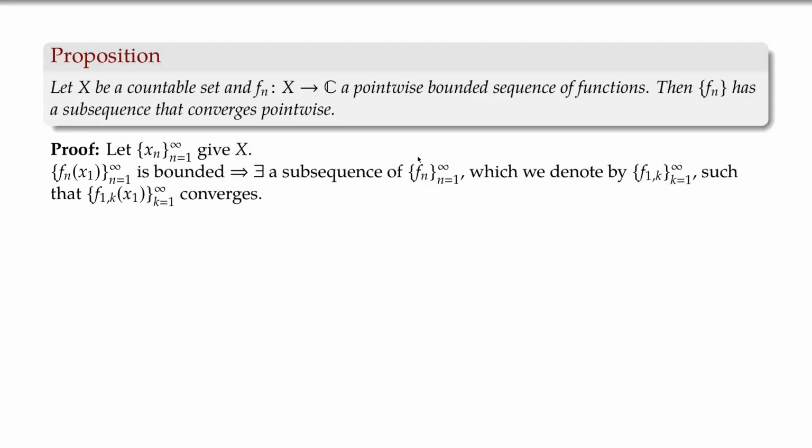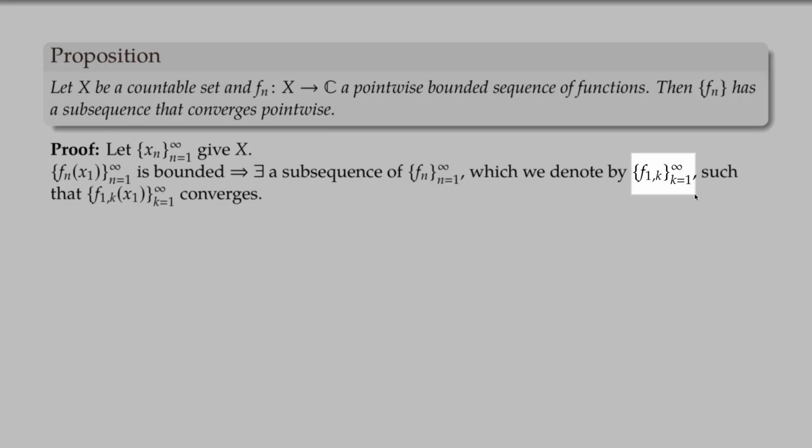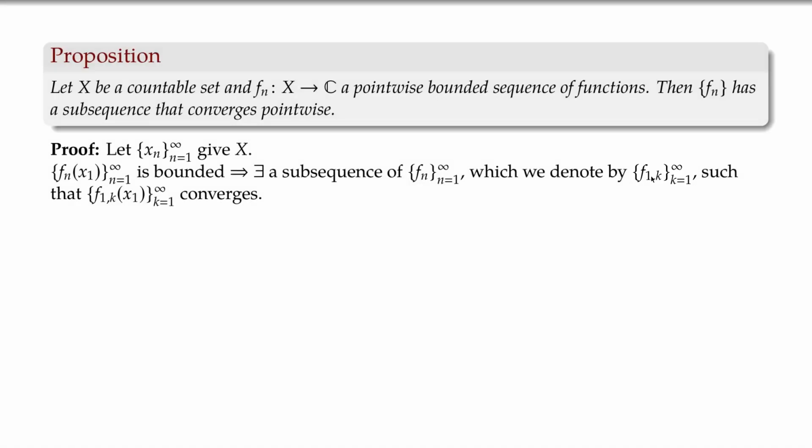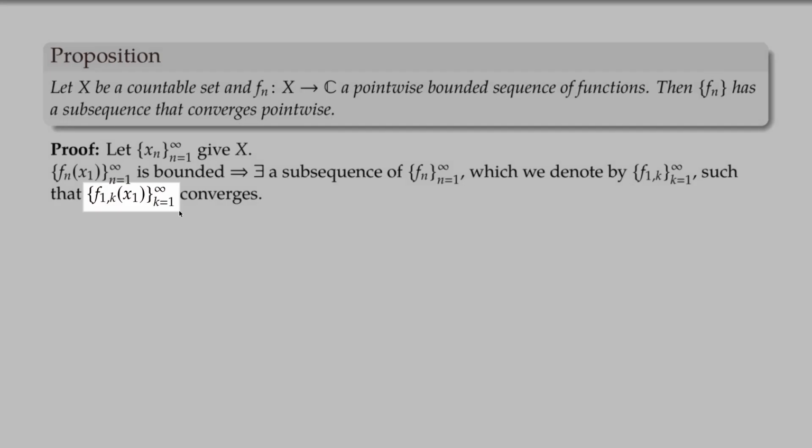So there is a subsequence, and we'll denote it by f sub 1k, and then we'll have a subsequence of that, which is going to be f sub 2k, and so on. So we get a subsequence that converges at x1, which we can do.